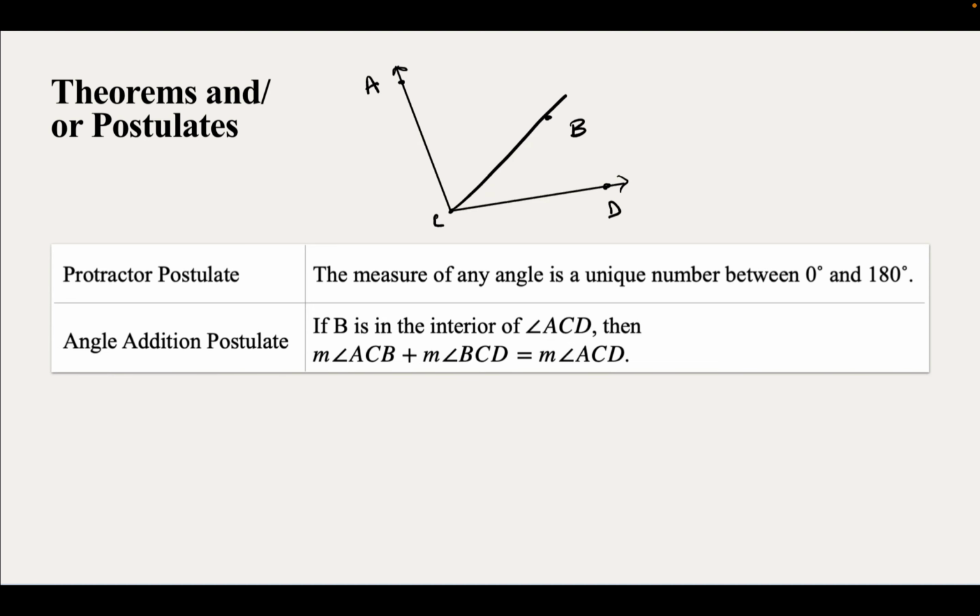Then the measure of ACB, so the measure of this angle plus the measure of this angle has to equal the measure of the entire angle. So if this angle was, let's say, 10 degrees, and this angle was 20 degrees, then the entire angle would be 30 degrees.